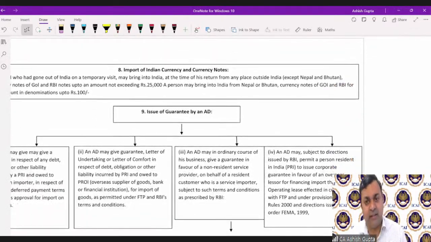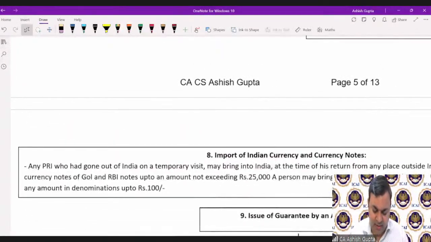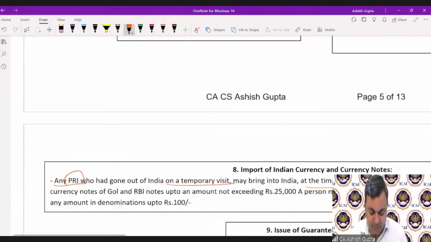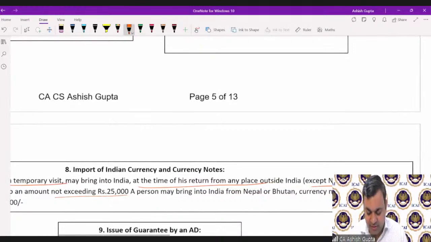Point number 8, import of Indian currency and currency notes. Any person resident in India who has gone out of India on a temporary visit may bring into India, on his return from any place outside India except Nepal and Bhutan, currency notes of the Government of India, RBI notes, up to an amount not exceeding 25,000 rupees.